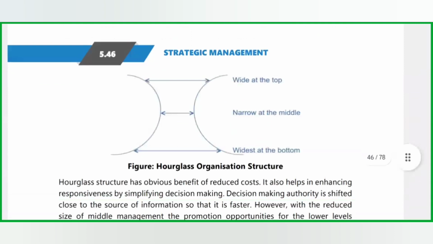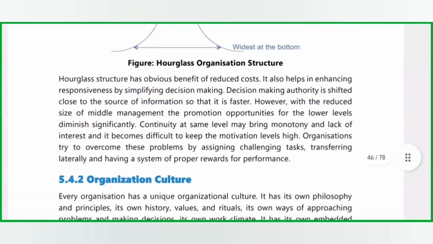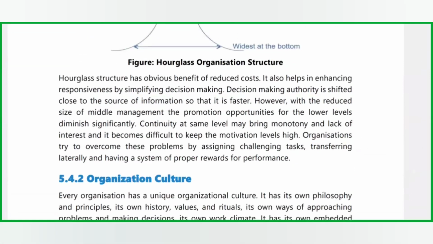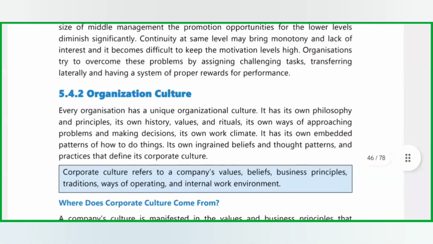This is the hourglass organization, wide at the top, narrow at the middle, and widest at the bottom. This structure has an obvious benefit of reduced cost. It helps in enhancing responsiveness and simplifying decision making. It has faster promotion opportunities. Is this structure clear? Yes, ma'am.